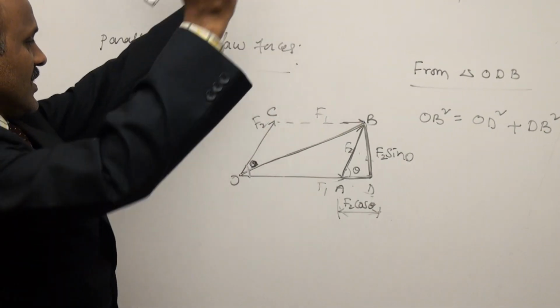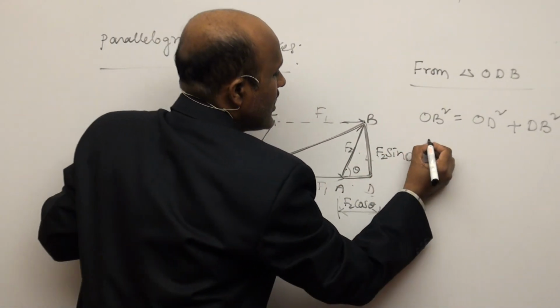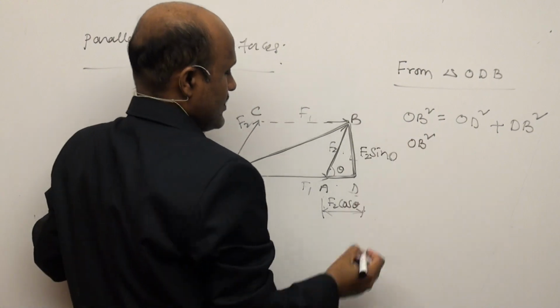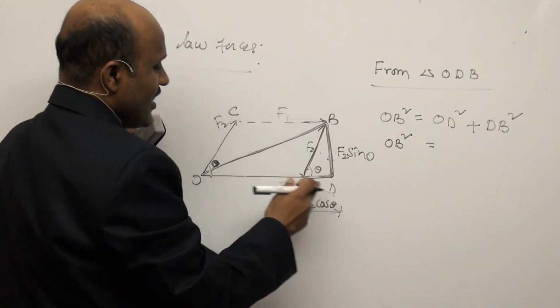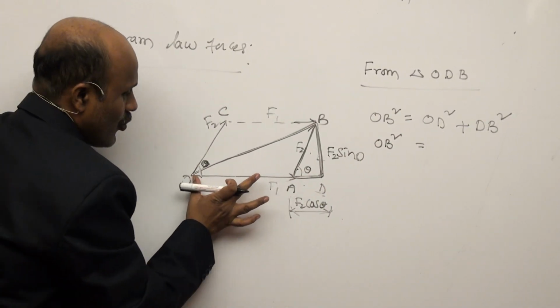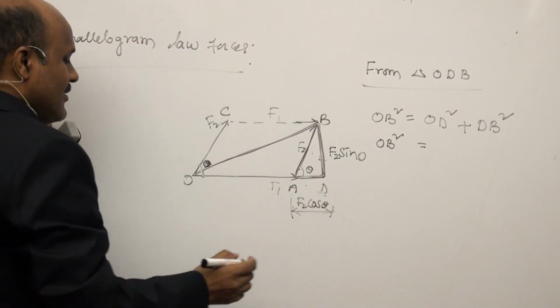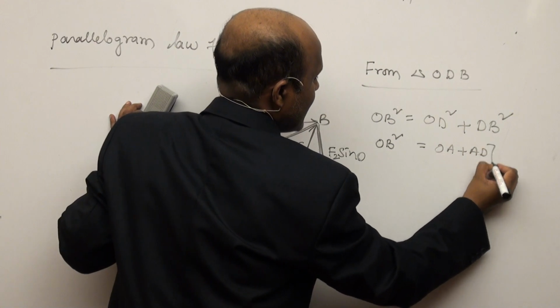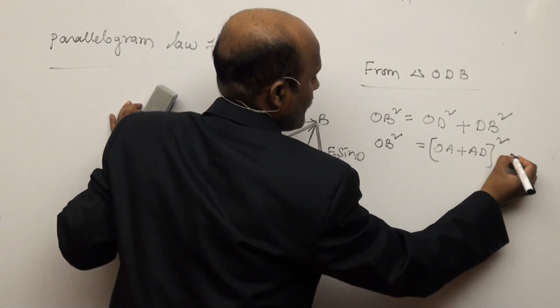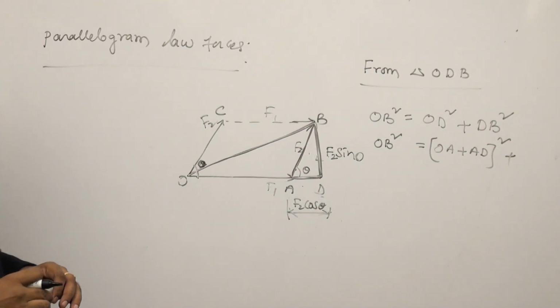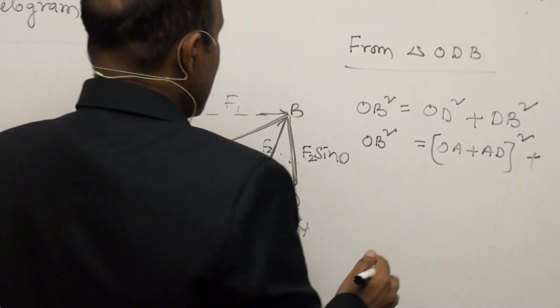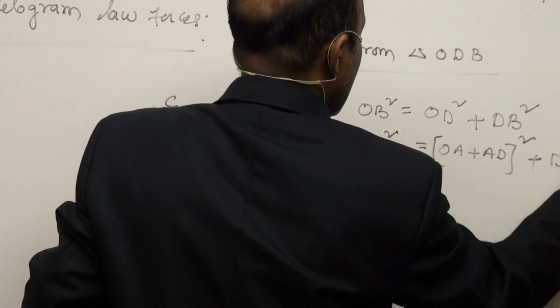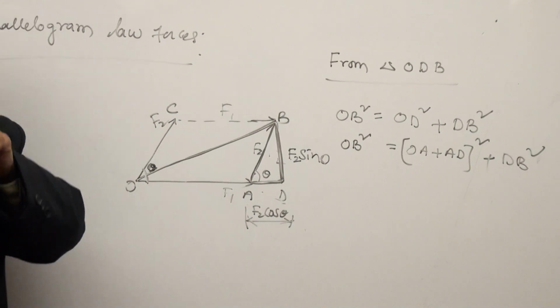Now OB square is equal to, what is OD? OD is nothing but OA plus AD. So OB square is equal to OA plus AD whole square plus DB square. What is OA? Listen here.